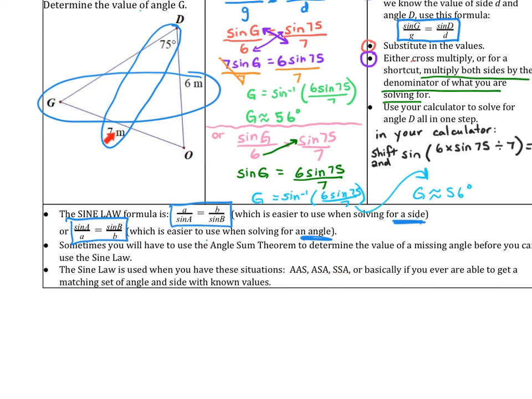So for instance, if you had this side, and the angle you knew here, that would be side, angle, side. So that would be SAS. That is not a case that you would use the sine law. So if you know two sides and an angle, or two angles and a side, you can use the sine law. Or if you know two sides and an angle that is not in between the two sides, you would use the sine law.